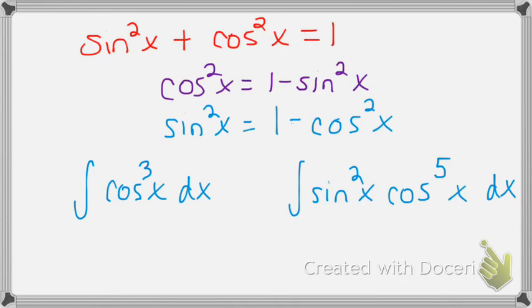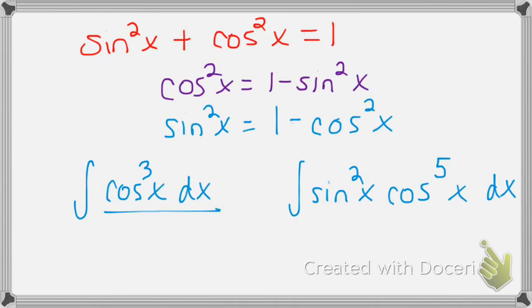Okay? And the rule is that you leave one of the cosines or sines extra because you need it for u substitution, but then everything else you use this formula. I'm going to do these two problems in just a minute, but let me just explain what I just said.